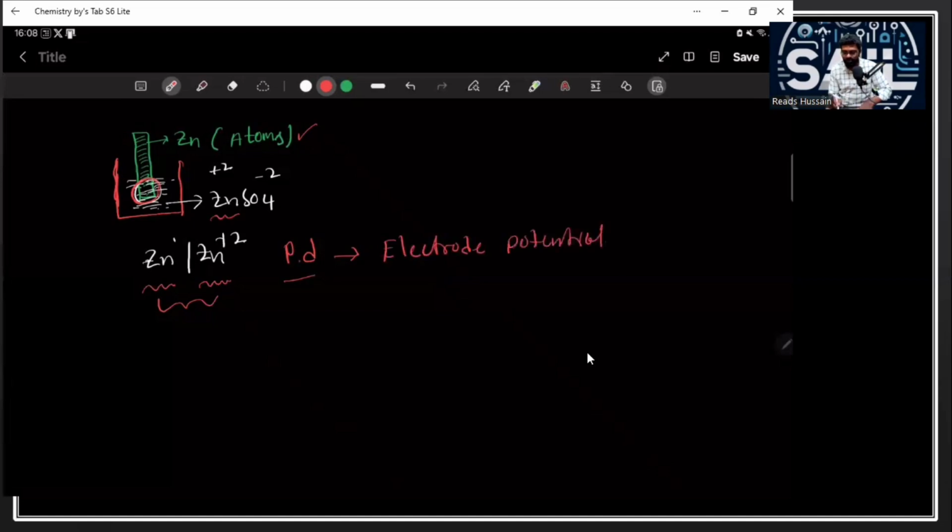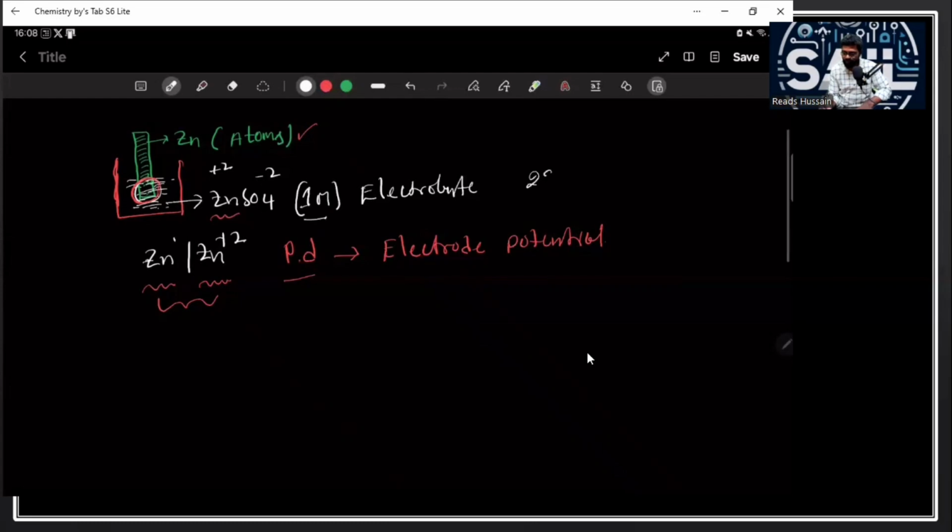Now suppose the concentration of the zinc sulfate solution, also called the electrolyte, is 1 molar, the temperature is around 298 Kelvin, that is room temperature, and the pressure is 1 atmosphere or 1 bar.